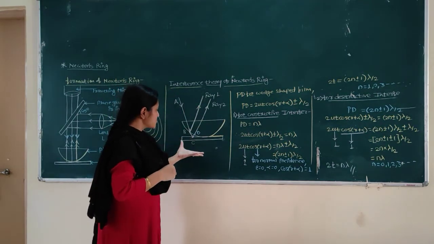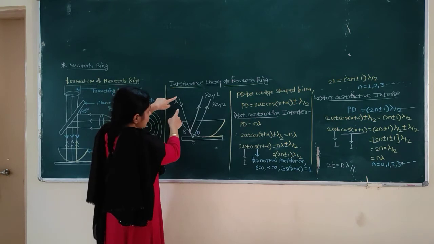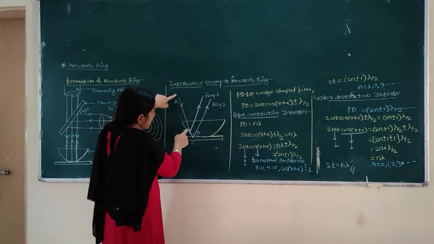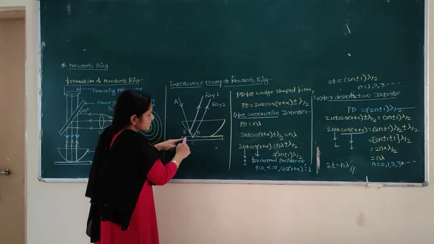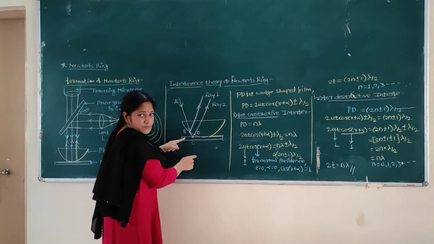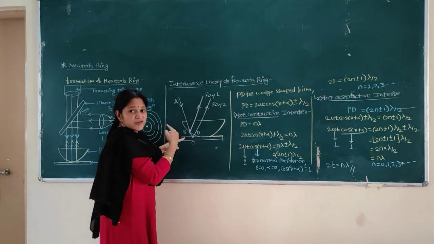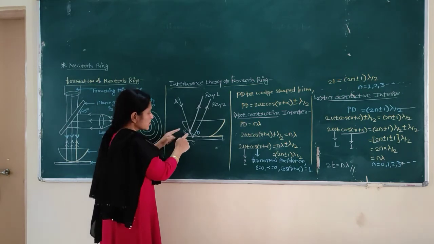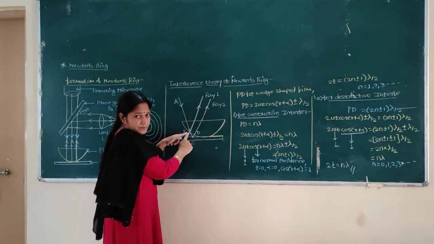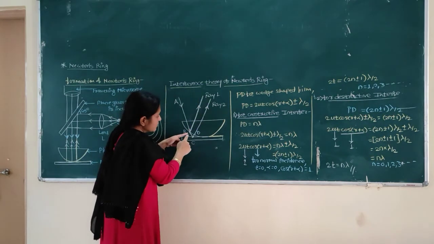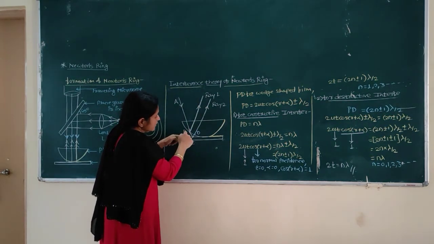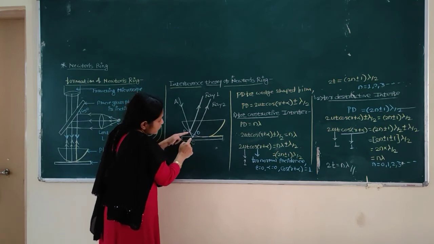For this, see this figure. Here also a ray of light or a monochromatic beam of light AB is incident on a plano-convex lens which is placed on a plane glass plate. Then there is a partial reflection and refraction from the point B. So we get ray 1 and after refraction the ray will go along BC.